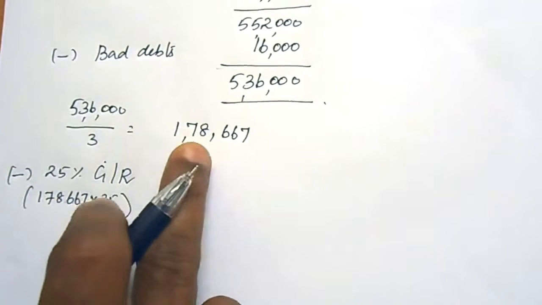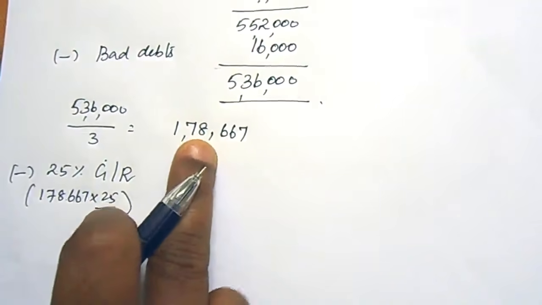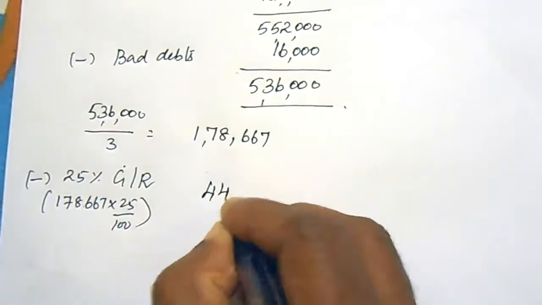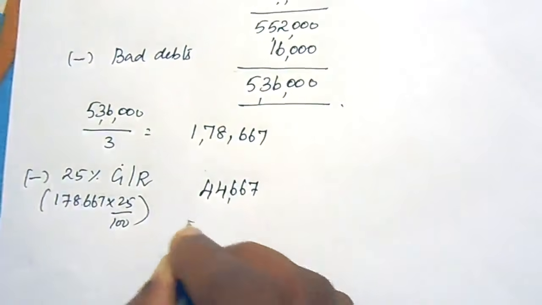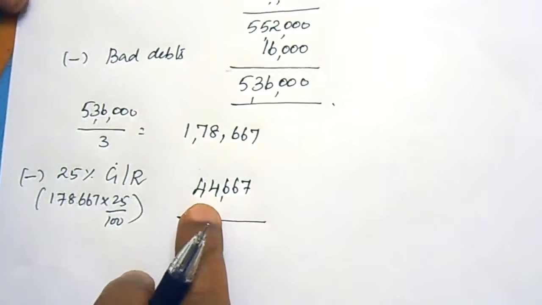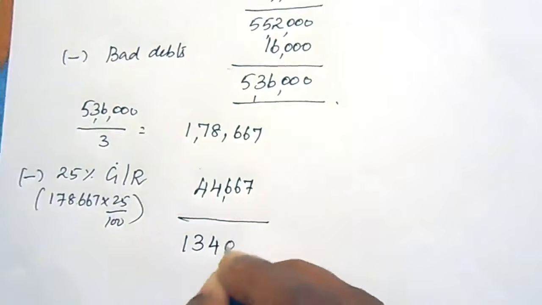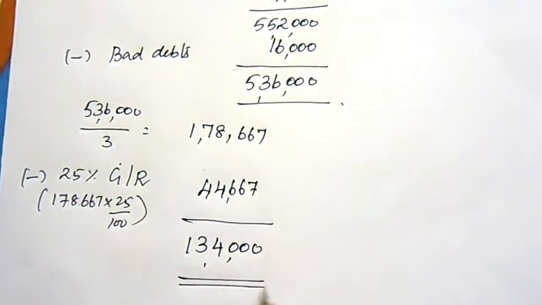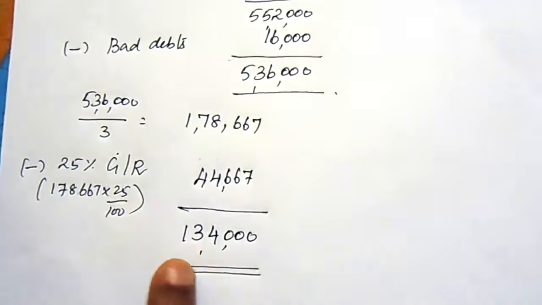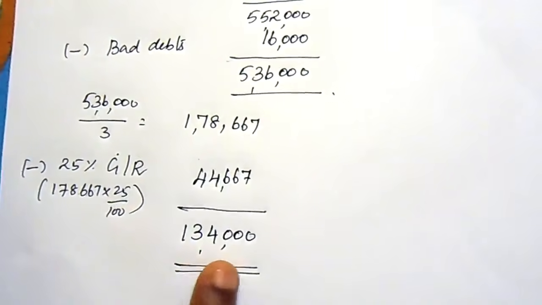So 25% on 178,667. What is the value? 44,667. The residual amount, the balancing figure, is 1,34,000.